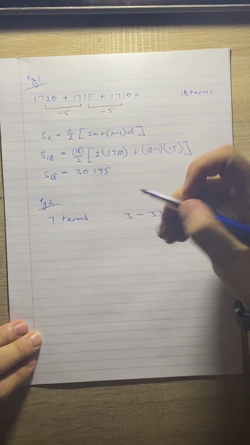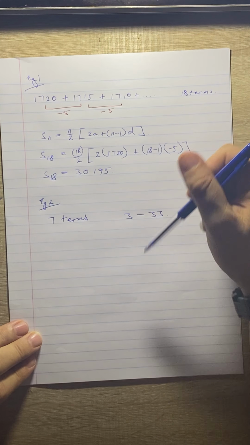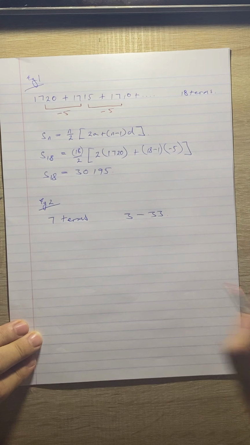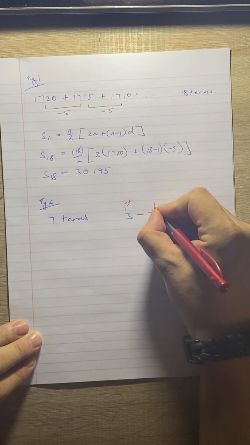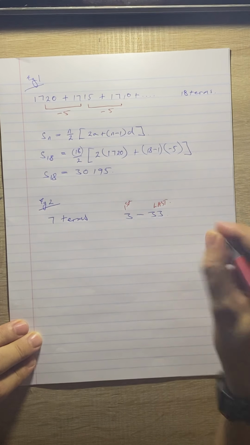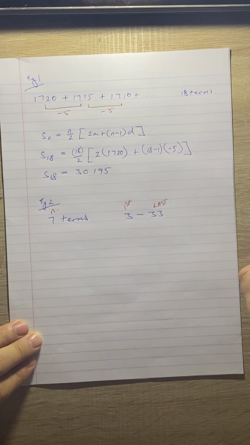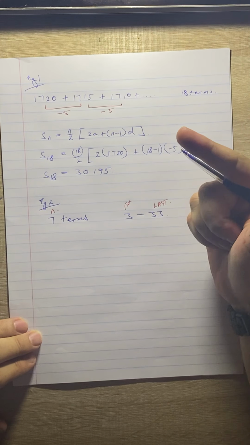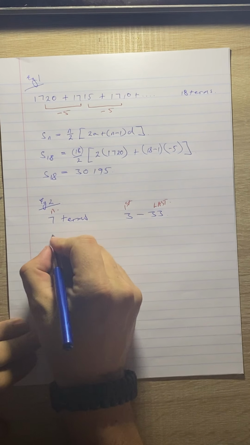Now, the problem with this one is we don't know what comes after 3. So in other words, we don't know what our common difference is, okay? But what we do know is we have our first term and we have the last term of the series. We've also got n, the number of terms. When you have the first and the last term and you know the number of terms, we can use another formula.